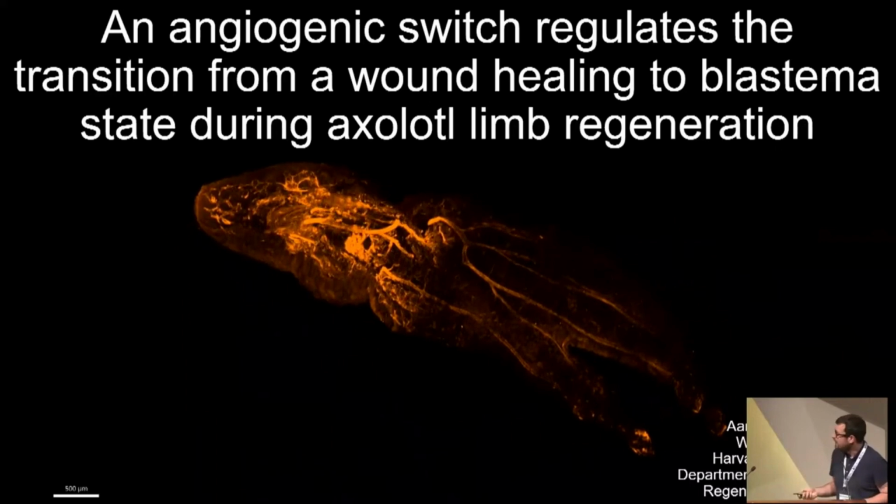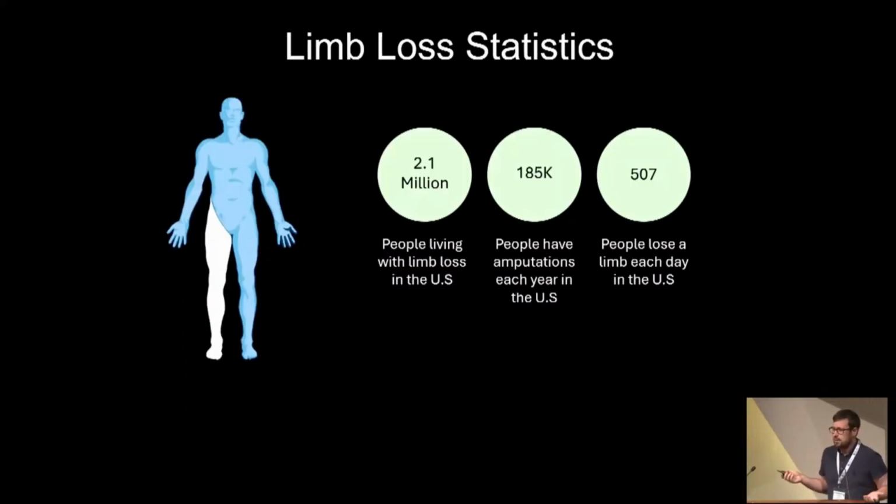So, limb loss is a huge problem worldwide, and in the US alone, there are around 2.1 million people living with amputations, with 185,000 amputated every year, which equates to 507 a day on average. And this is a bigger problem throughout the world, of course.